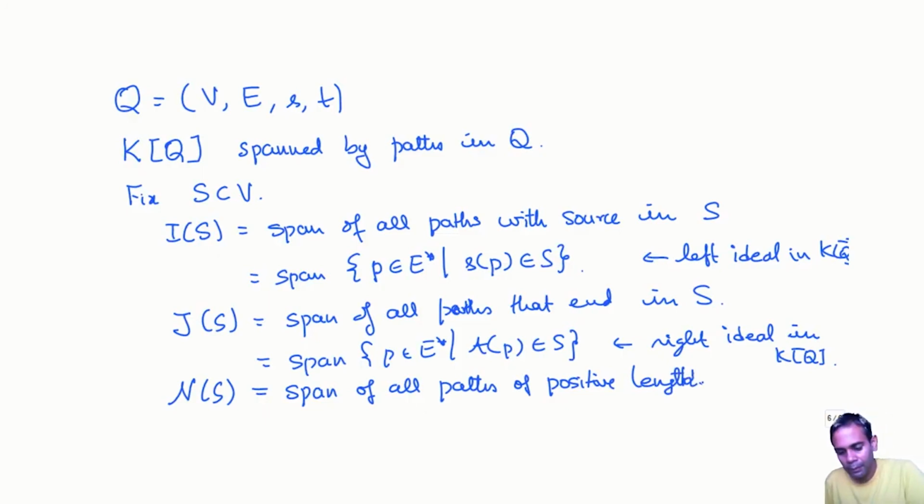Remember, the path algebra, the set of paths also consists of paths of length 0, one for each vertex of the quiver. Now if you look at the span of paths of positive length, you can show that they form a two-sided ideal. You should try to prove these three assertions about left ideals, right ideals, and two-sided ideals in the path algebra of a quiver.